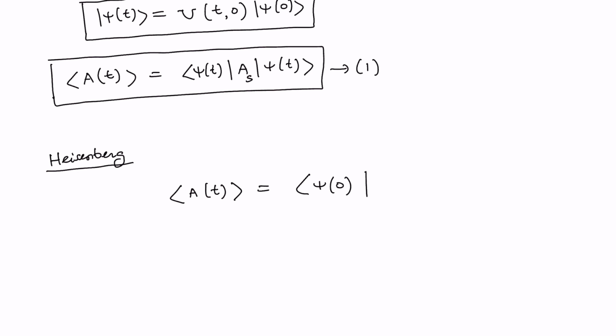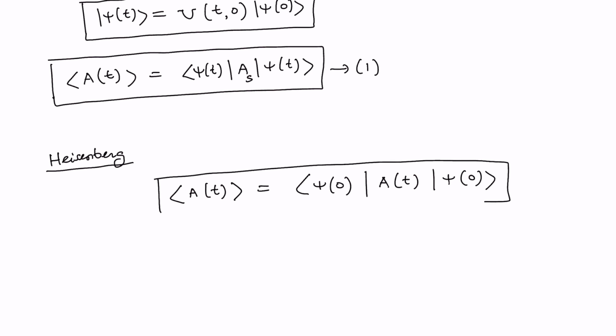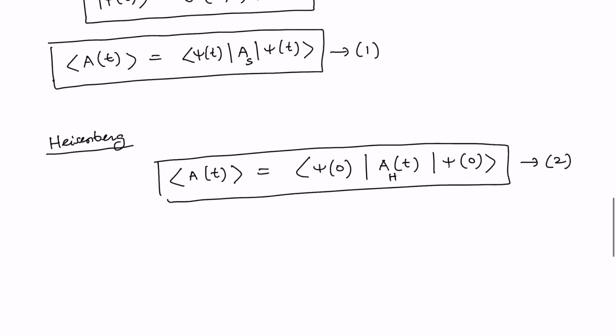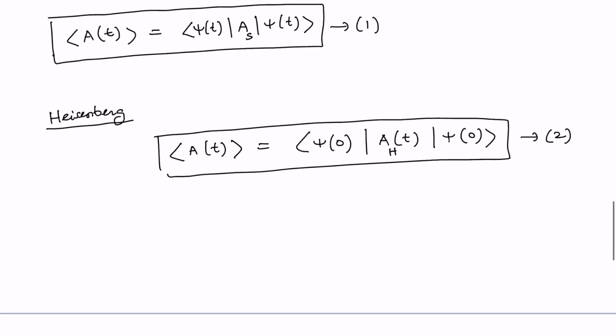It does not depend on time. The operator evolves in time, and you have this equation as your expectation value equation. So look at equation number 1, and let me say this is equation number 2, and let me put the symbol H as a suffix to represent the fact that we are discussing the Heisenberg picture.